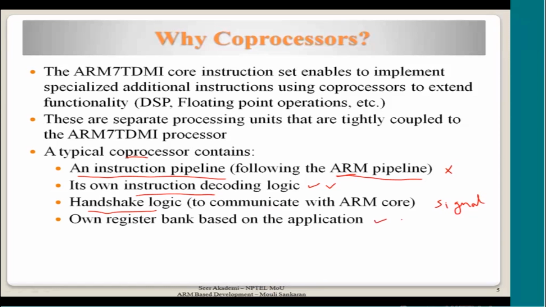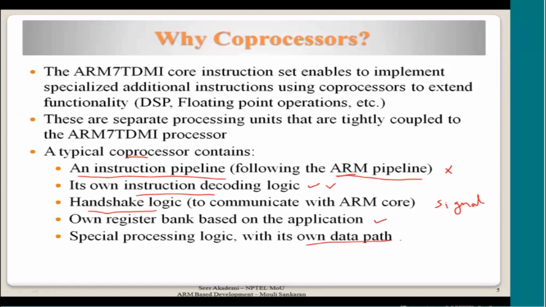The coprocessor also has a register bank. It has its own registers inside, and a special processing logic with its own data path. We have seen ARM's data path, right? How an instruction comes through, what stages it goes through, how the registers are accessed, how many register ports, all those things we saw in the data path of ARM.